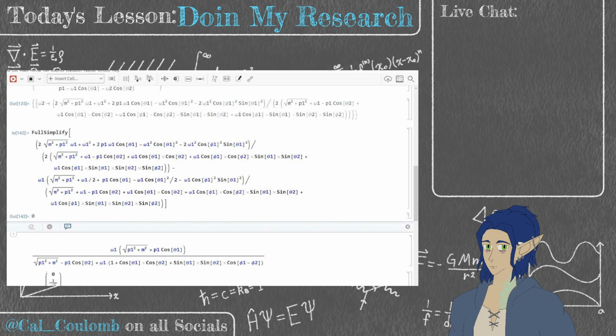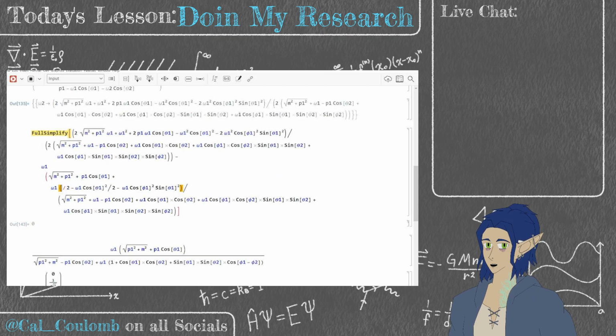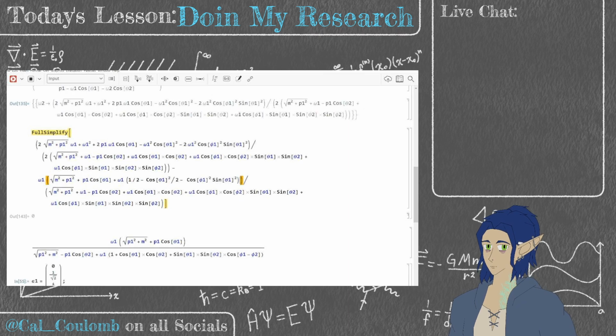So now we have omega 1 times, I'll factor out this omega 1 again, 1/2 minus cosine theta 1 squared for 2 minus cosine phi 1 squared, and then times sine theta 1 squared.